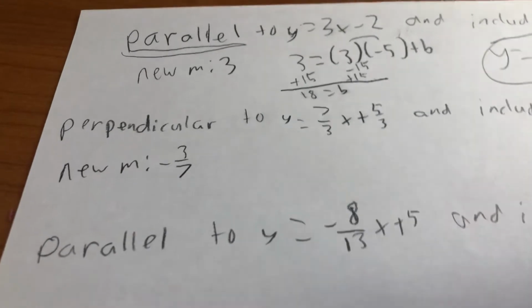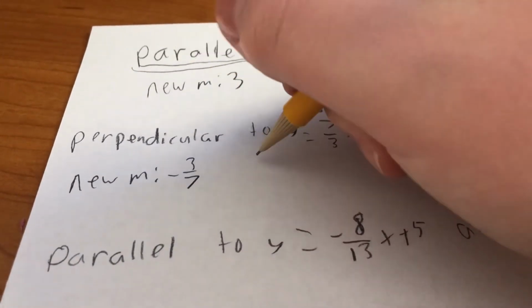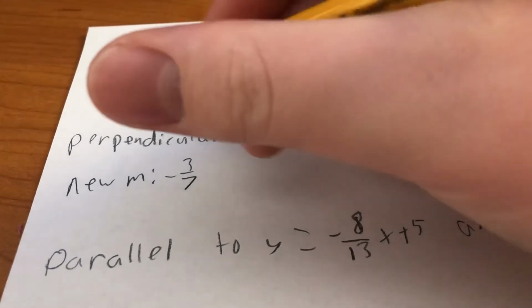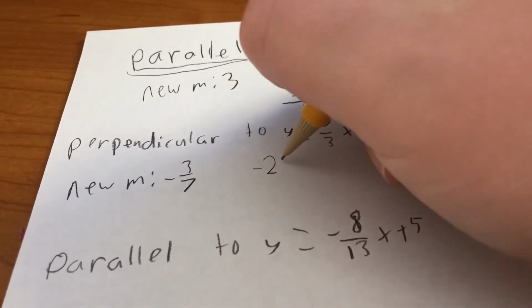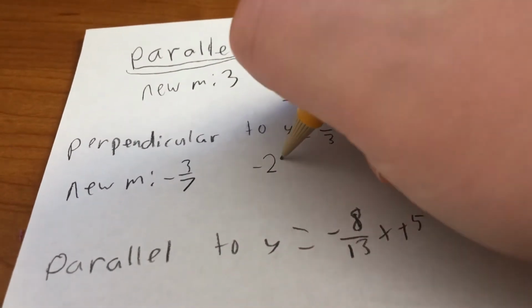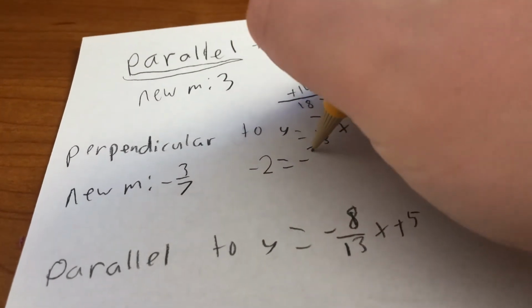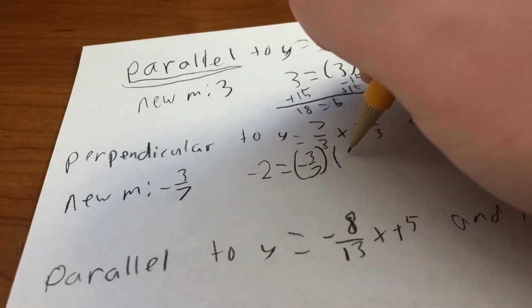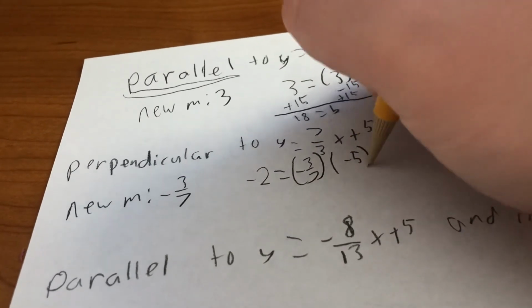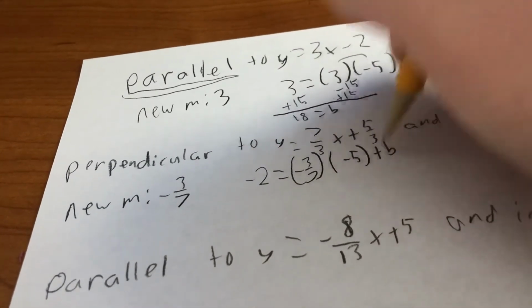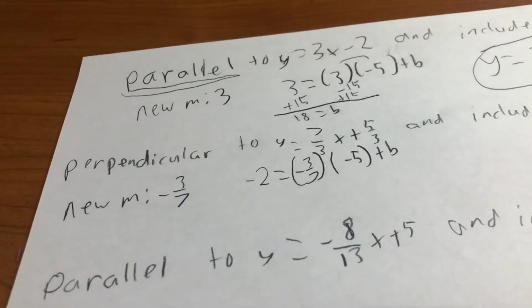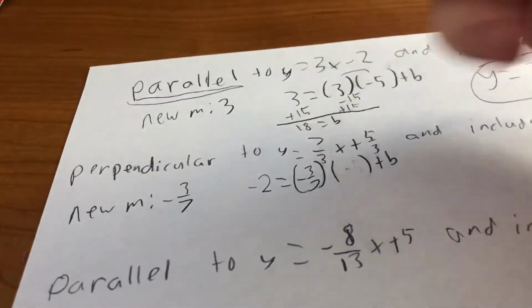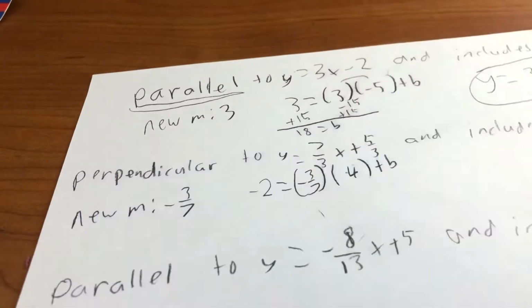So now we're going to head over to step 2, which is to calculate b, of course. And we're going to use the same format as we did in our last video. In parentheses there, and then times -5 plus b. Oh, sorry. My bad there. It's actually supposed to be just 4.